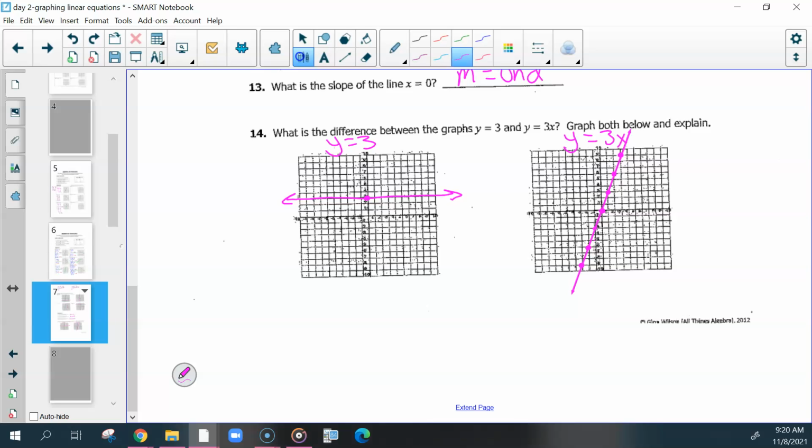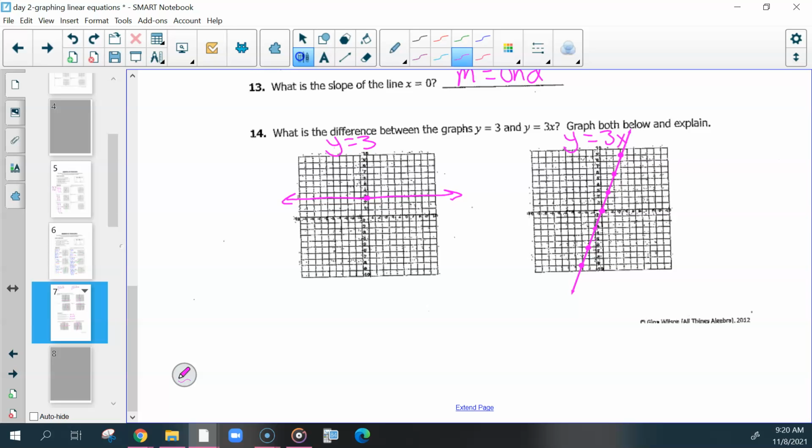Not first, but y equals 3, this one has a slope of 0, and this one actually has a numerical slope. I mean, that one technically does too, but I understand what you meant. The slopes are different.